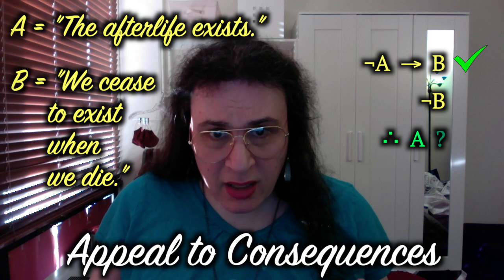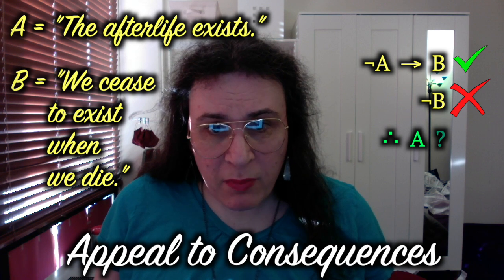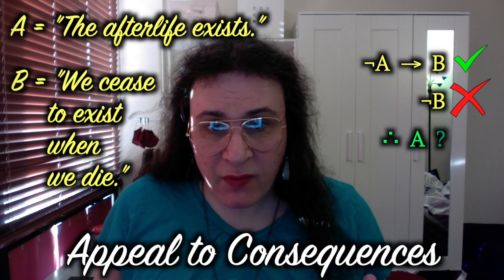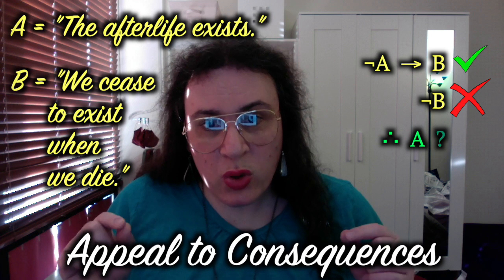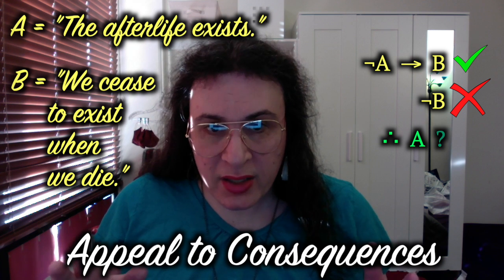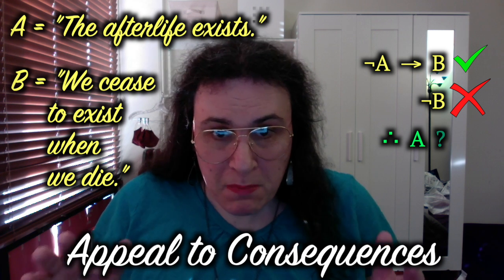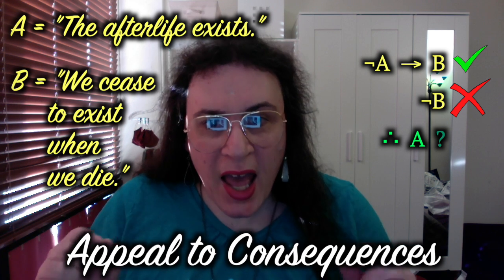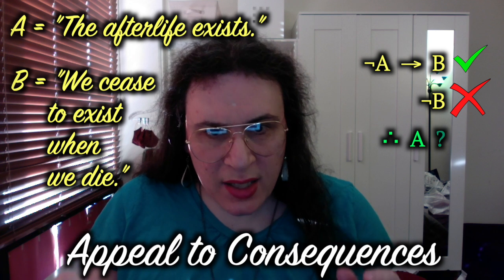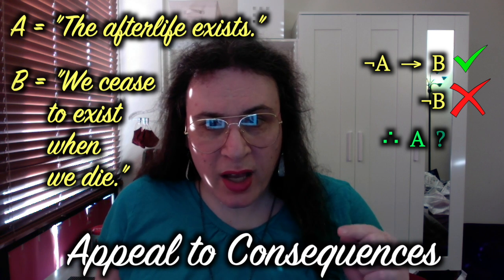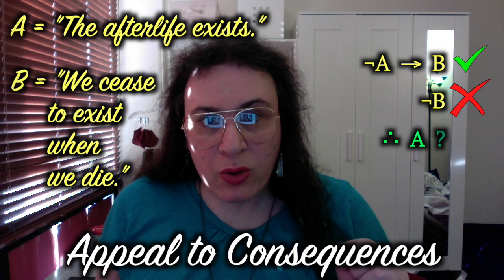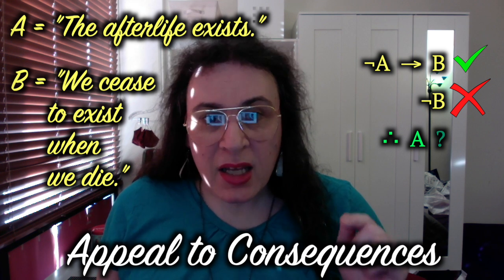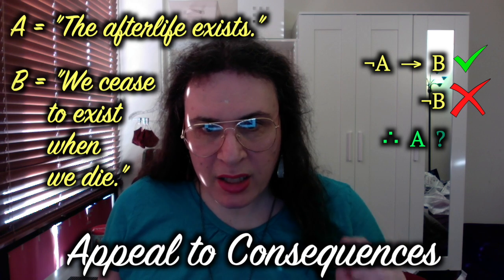But their second premise, which they do not even bother stating, but which they plow on ahead as though it can be taken for granted, is that we do not cease to exist when we die, or not B. So when they reach their conclusion, A, that the afterlife does exist, that conclusion is arrived at fallaciously through an appeal to consequences argument, because their second premise is not properly established.